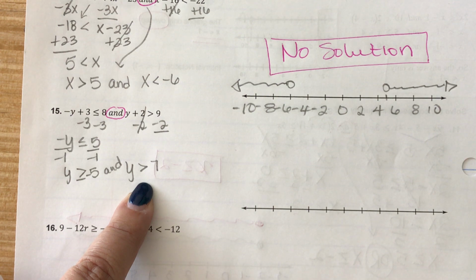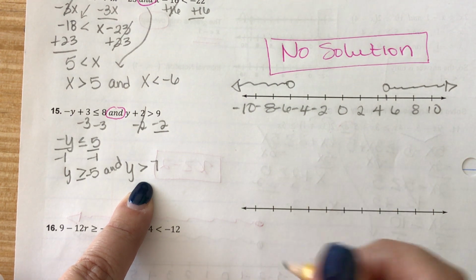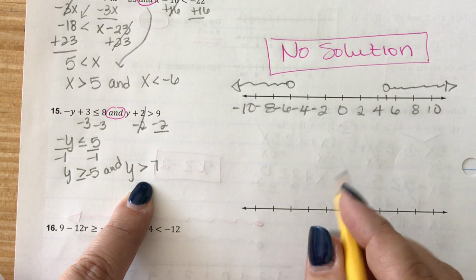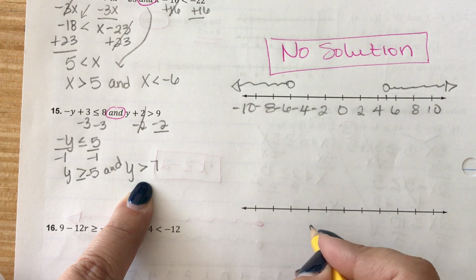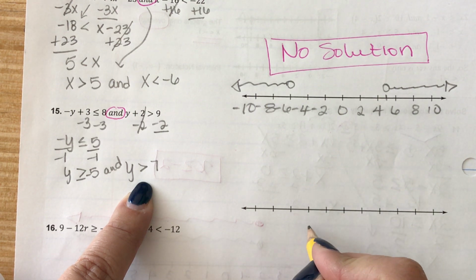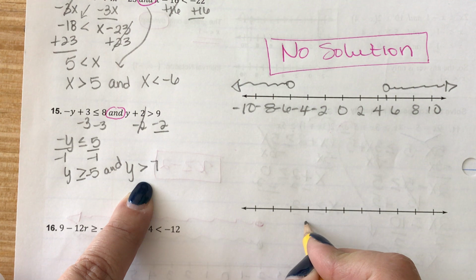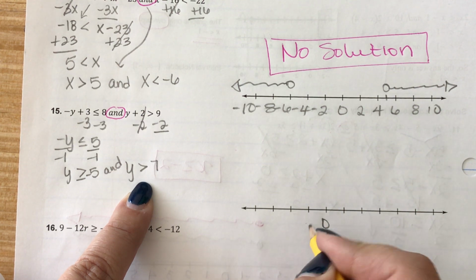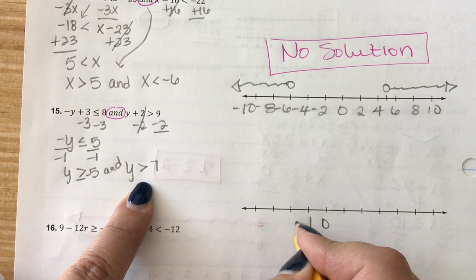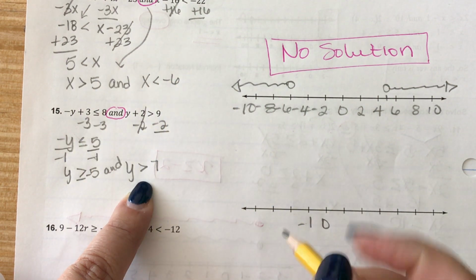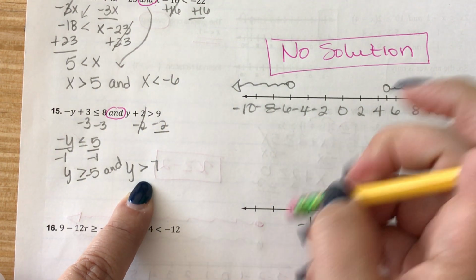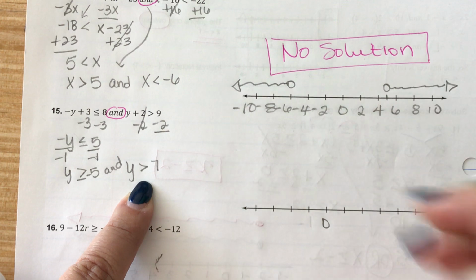So when we graph this, I am probably going to, once again, let's see, what do I want to do? I need to get down to -5, so we'll put 0 here, and then -1. Nope, see, that's still not going to fit. Okay, we're going to go by 2's here.